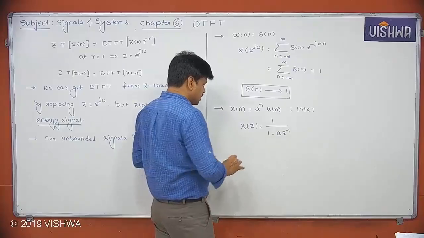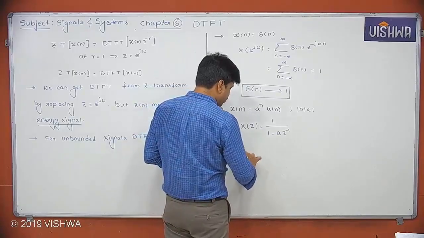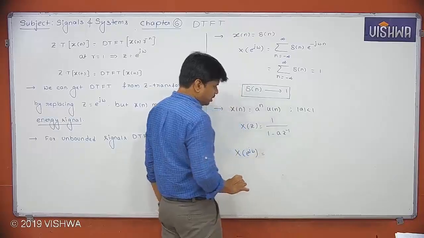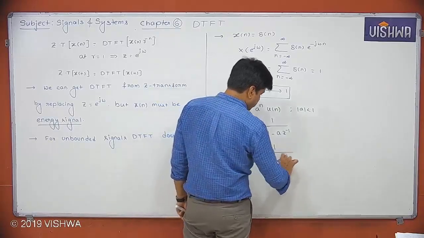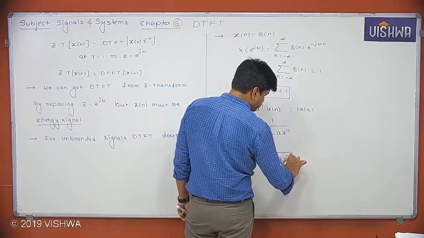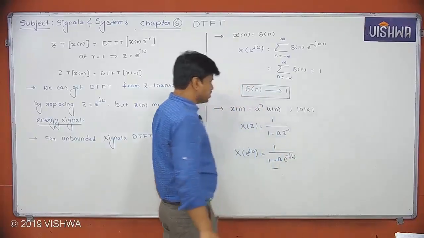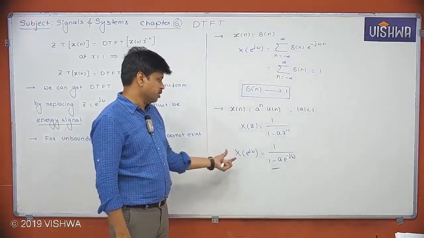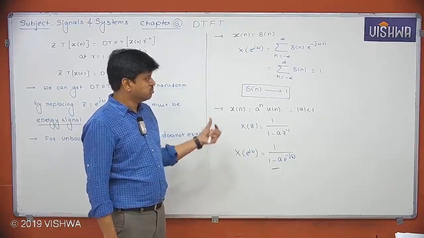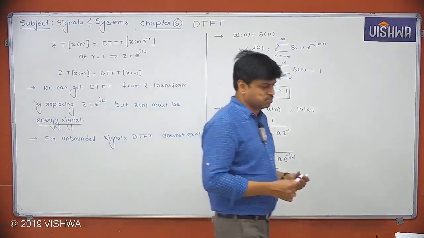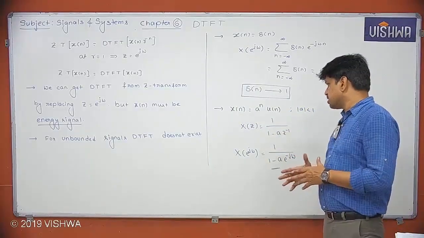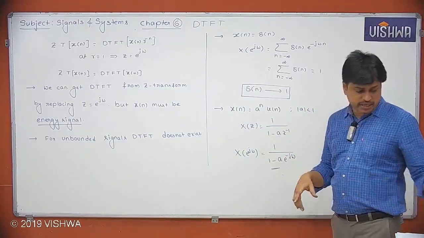So in this Z transform, if z is replaced with e power j omega, then what are we going to get? 1 by 1 minus a e power minus j omega. So this is x of e power j omega, the DTFT, directly we can say. Is that clear? Check it. So we can directly calculate DTFT by simply replacing z with e power j omega, because it is an energy signal.